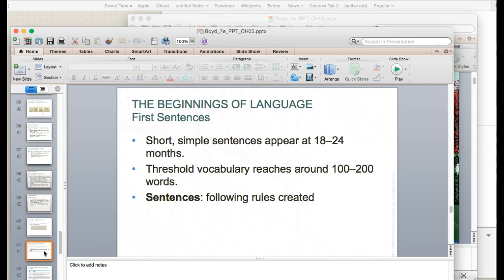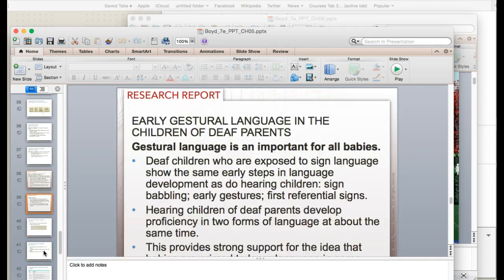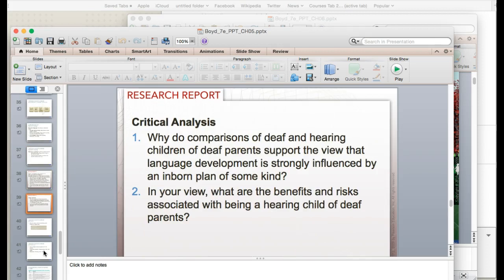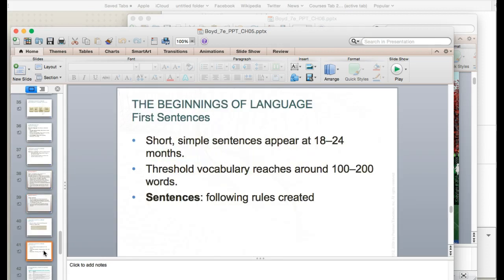And continuing, we talked about babies being able to say their first words at 12 to 13 months, and short, simple sentences appear from 18 to 24 months. And their threshold vocabulary reaches around 120 words. So that's not much in comparison to at 12 to 13 months, they can understand 100 words, and from 18 to 24 months, it's 200 words.